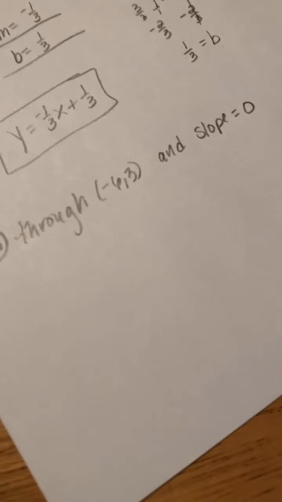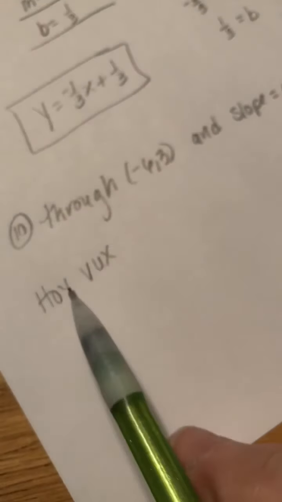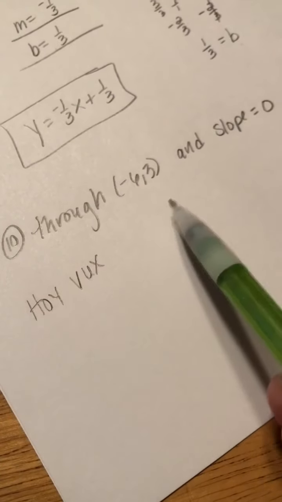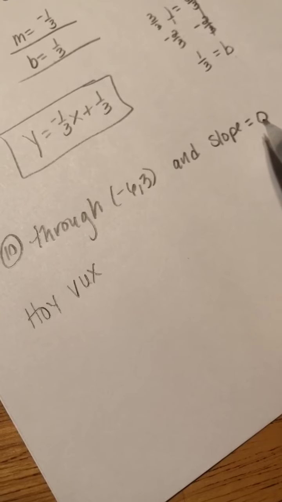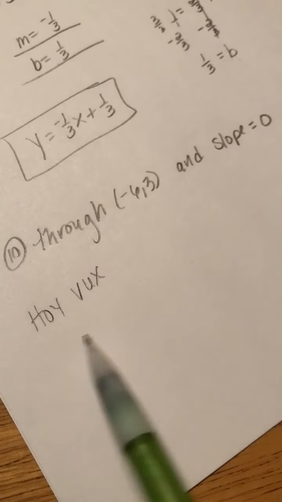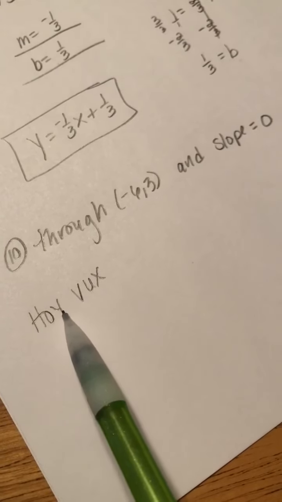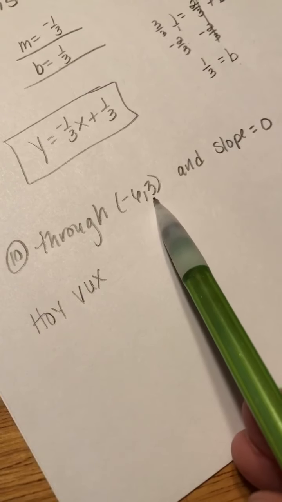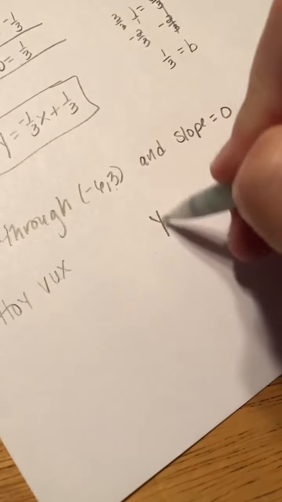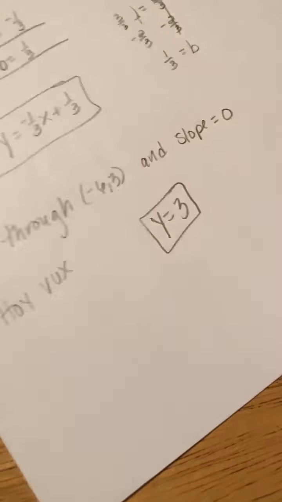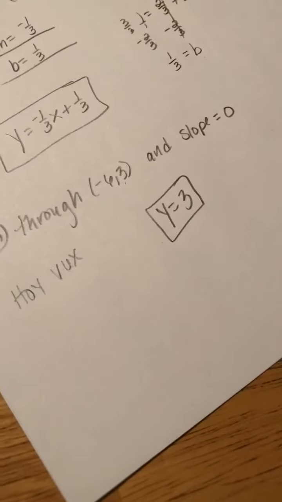Anytime slope is 0 or undefined, we are going to refer to our acronym. We don't do any M blank, B blank if slope is 0 or undefined. So if slope is 0, it means it's Y equals. What does Y equal? 3. And that's it. No work to show if slope is 0 or slope is undefined.